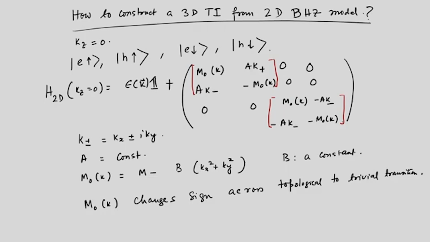Okay. Now, what happens if we want to generalize it to 3D? Can we generalize it to 3D and still hope to see a similar transition happening there? Okay. So, one of the very usual ways of doing it is, can we add a kz squared term?